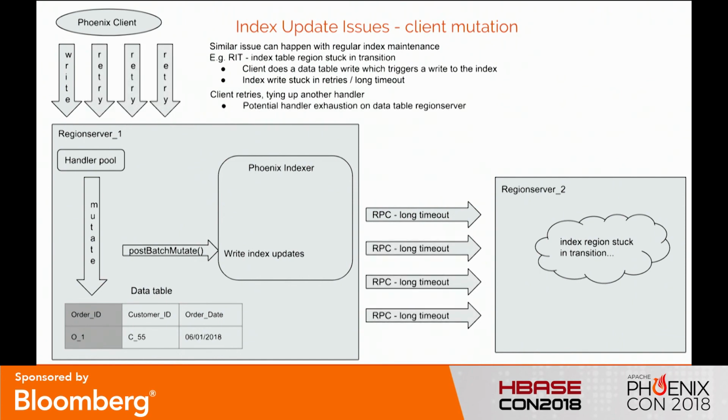So again, same thing as the slide before: your client is going to retry, but your handlers are going to get stuck in that long timeout. And so you run out of handlers. But this time you're running out of handlers on region server 1, because it's the client handler pool that's getting tied up in this. So that's pretty bad.